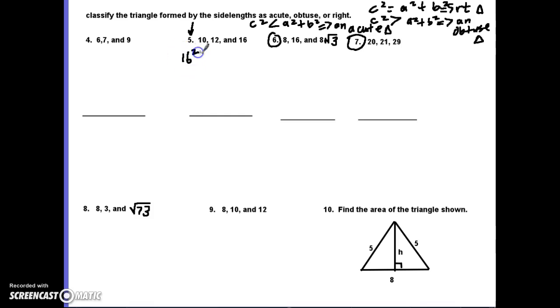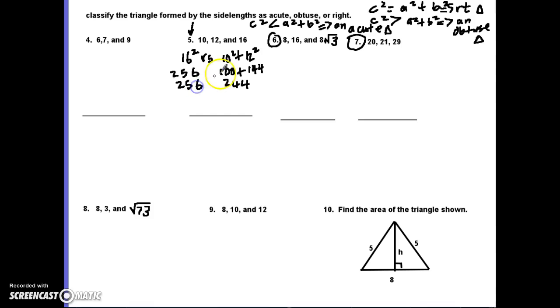So let us see what that will give us: c squared versus a squared plus b squared. I wish all of you would know what 16 squared is. It is 256. 10 squared is 100, and 12 squared is 144. When we add 100 plus 144, we get 244 on the right. On the left, we have 256.